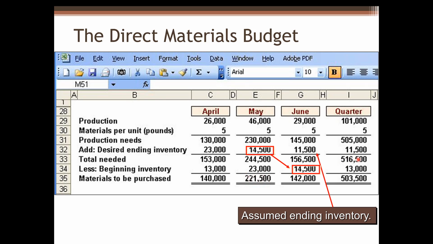And we get the total needed, 516,500, minus beginning inventory. Beginning inventory of the quarter is the beginning inventory in April. So we put 13,000 here, and we get materials to be purchased for this quarter, 503,500. Of course, if you add up the materials to be purchased for those 3 months, you get the same number.